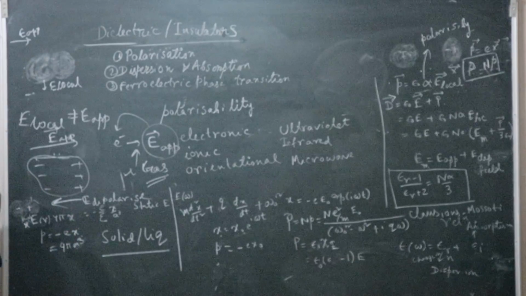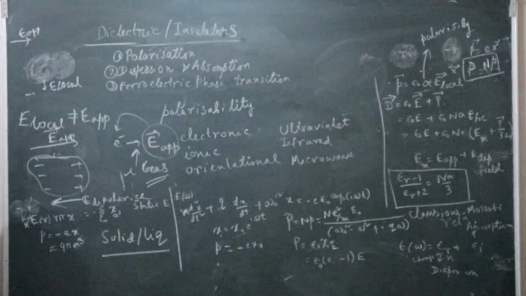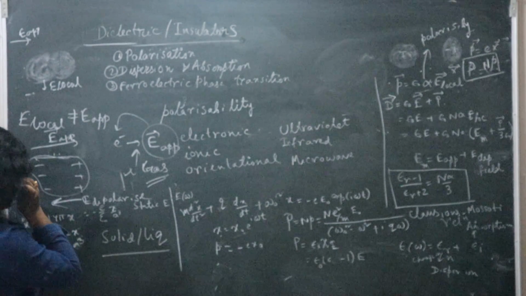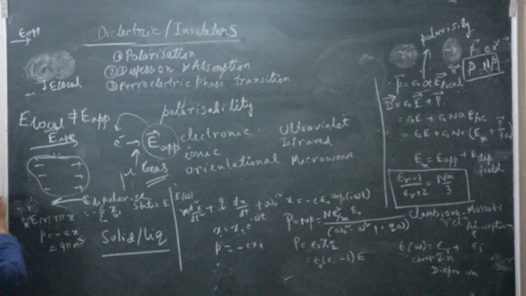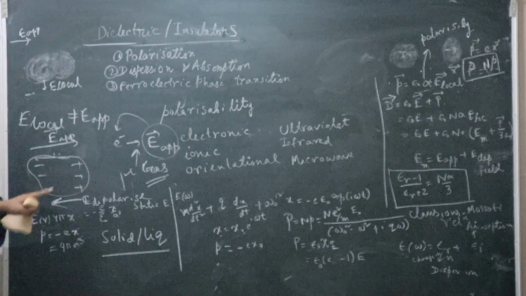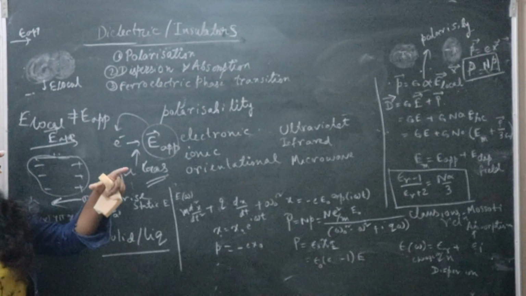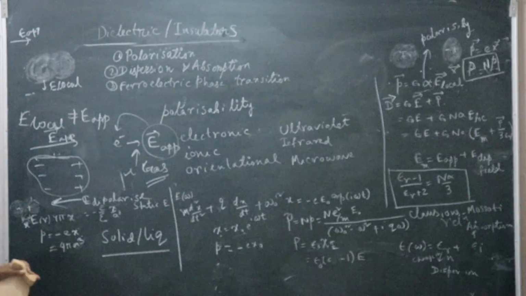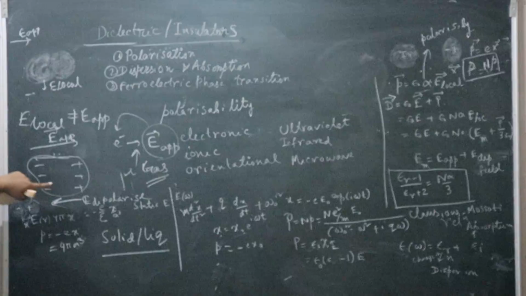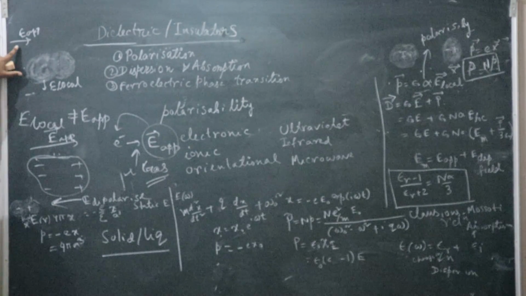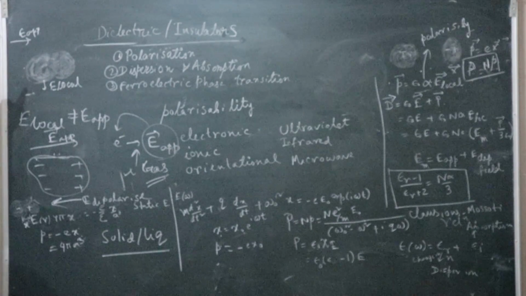It will come to play to oppose the applied electric field. Another thing is that here I will also get the dipole-dipole interaction, the interaction on one dipole due to the surrounding dipoles. So overall I want to say that the E local that is experienced by one electron is not the same as the E field that I have applied or that anyone has applied.